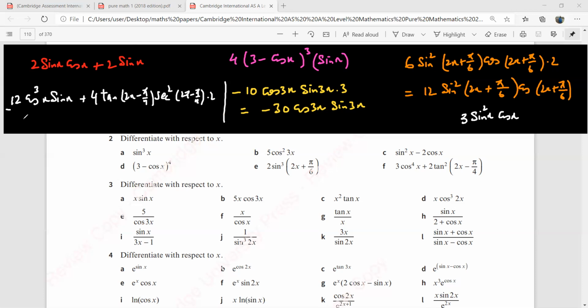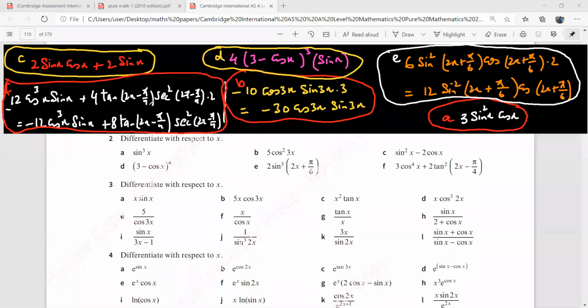Then you can simplify. This is going to be minus 12 cos cube x sine x plus 8 tan 2x minus pi by 4 and secant square 2x minus pi by 4. Can you try these now?